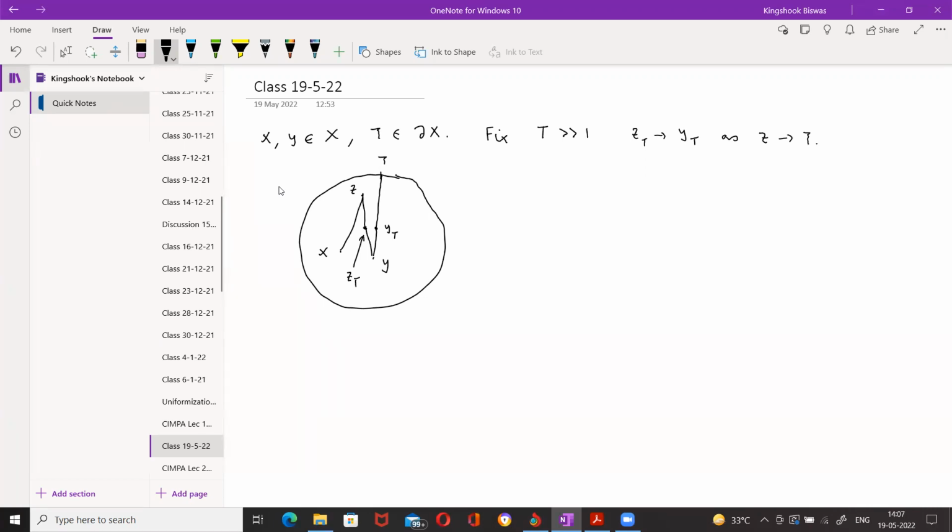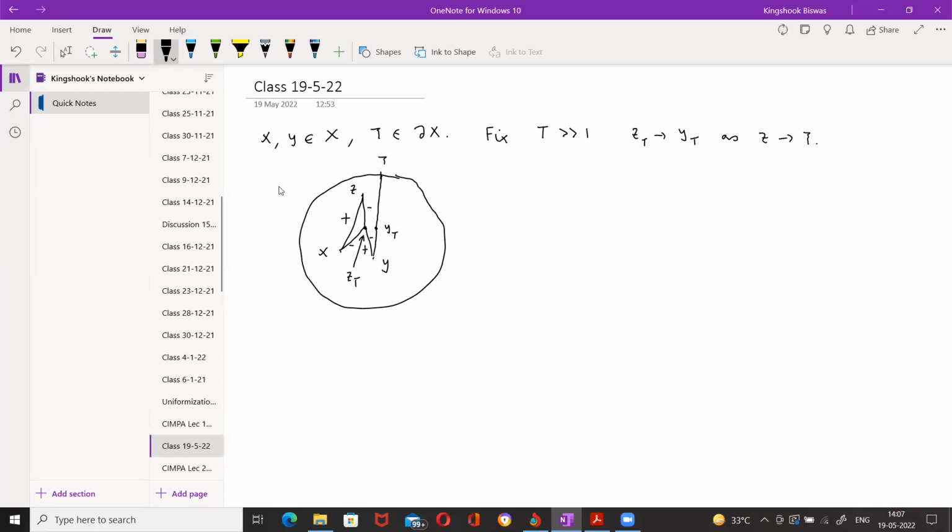Okay. Now what am I looking at? I'm looking at distance xz minus distance yz. Now I want to compare this with distance xz_t minus distance yz_t. If I subtract distance xz_t minus distance yz_t from this, then I'll get a minus here and I'll get a plus here.